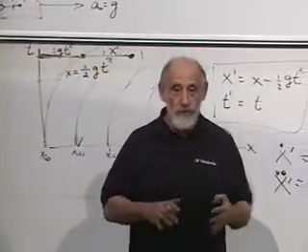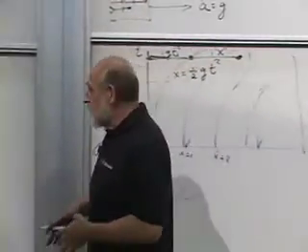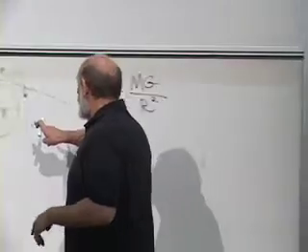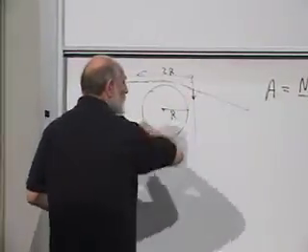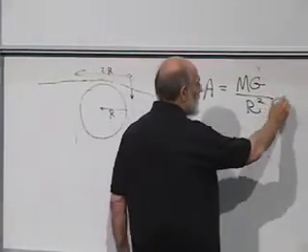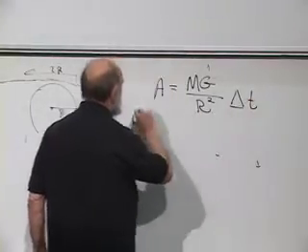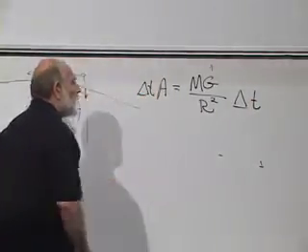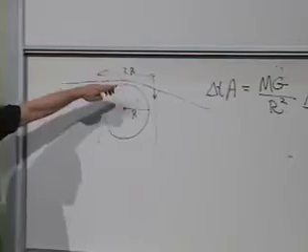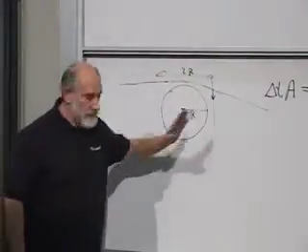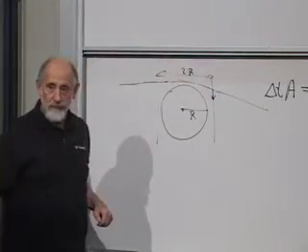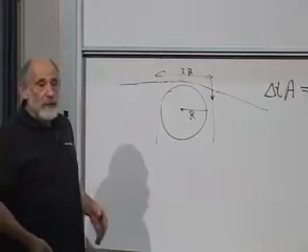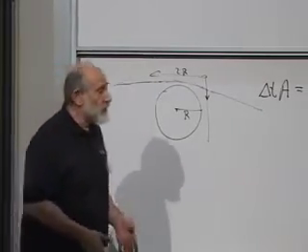Acceleration times time is the change in velocity. So you multiply this acceleration by the amount of time, let's call it delta t, that it takes for the light beam to cross the radius of the sun. We can estimate that because we know light moves with the speed of light.